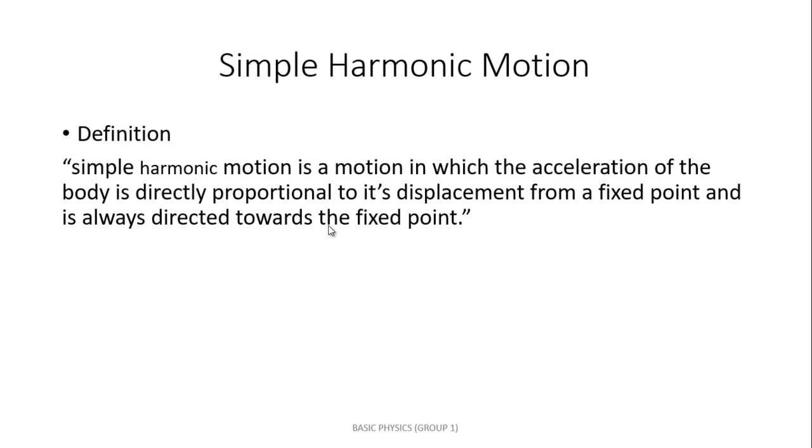A simple harmonic motion is a motion in which the acceleration of the body is directly proportional to its displacement from a fixed point and is always directed towards the fixed point.